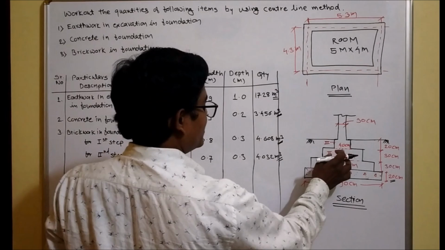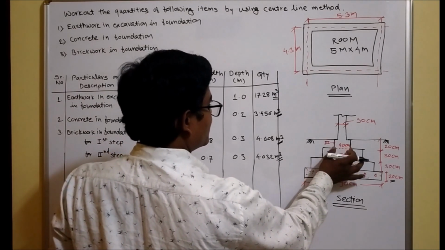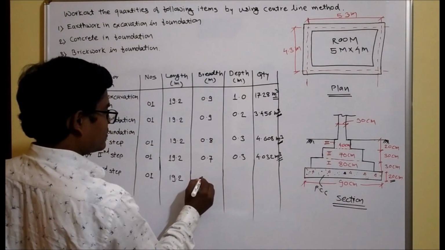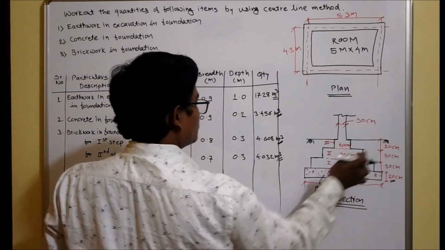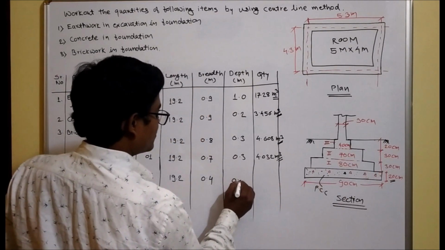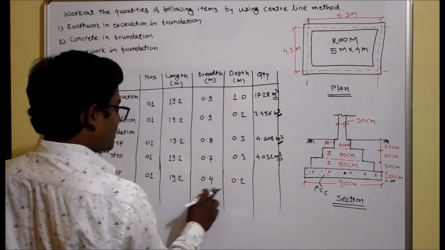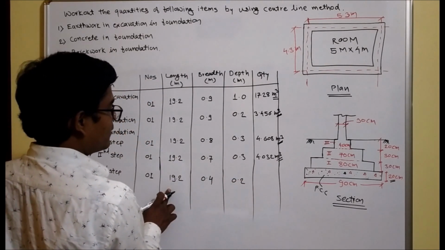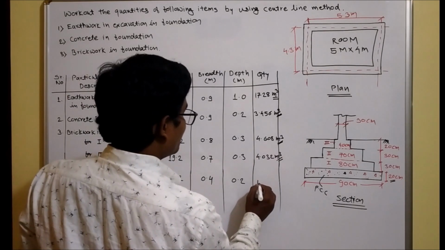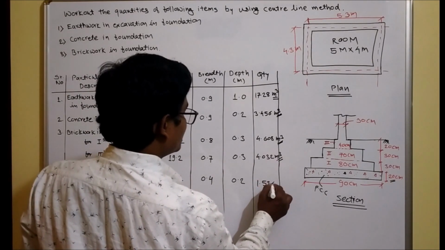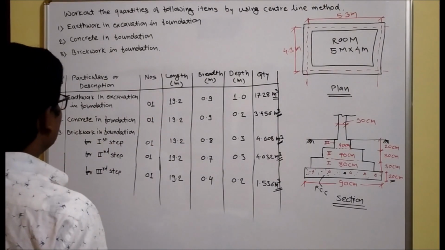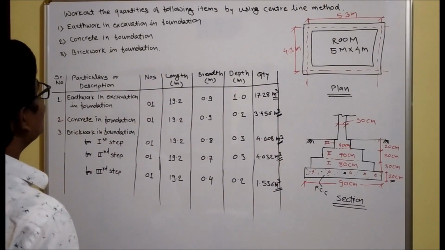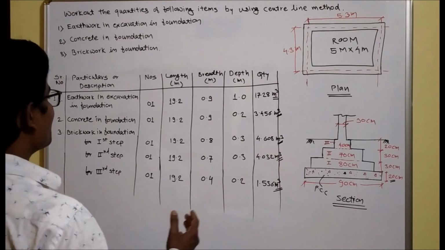And what is the width? 40 centimeter, that is 0.4, and depth is 20 centimeter. So after multiplying these values, I will get 1.536 cubic meter. So in this way, we will work out the different quantities by using the center line method.